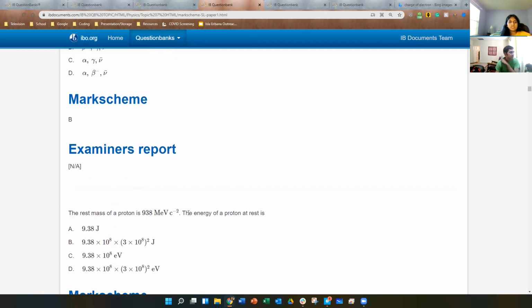Mass of a proton is this much. The energy of a proton at rest is therefore how much? So it's just that times c squared, right? So it's just 938 mega electron volts. So 938 times 10 to the 6 electron volts, the same as 9.38 times 10 to the 8 electron volts, right?